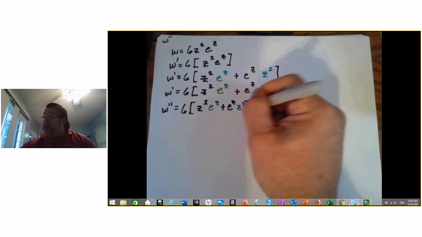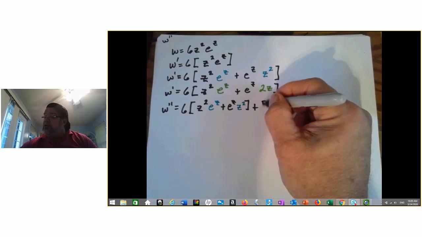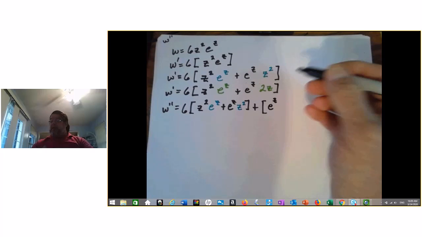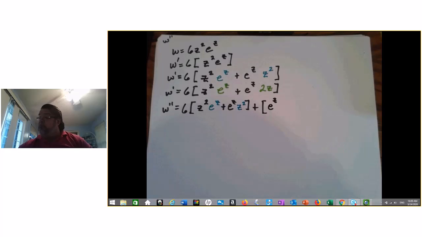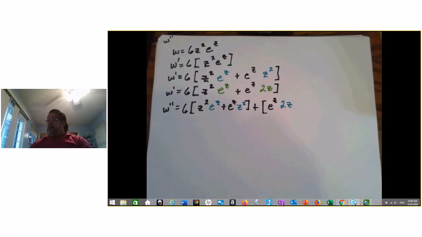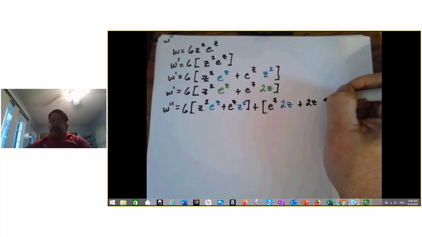Plus first times the derivative of the second plus the second times the derivative of the first.